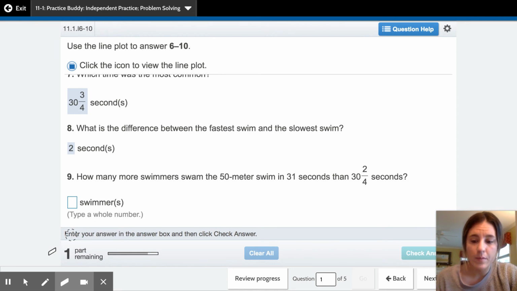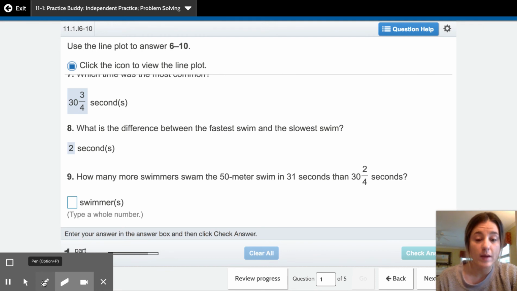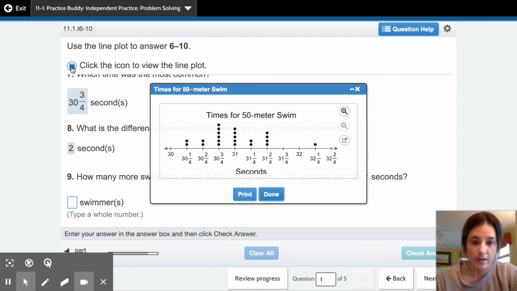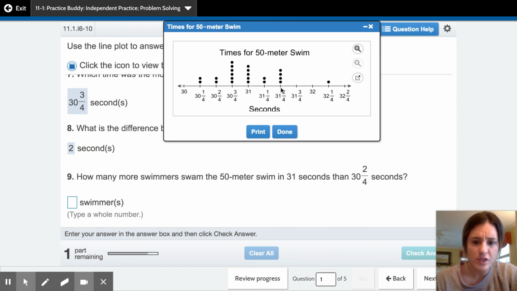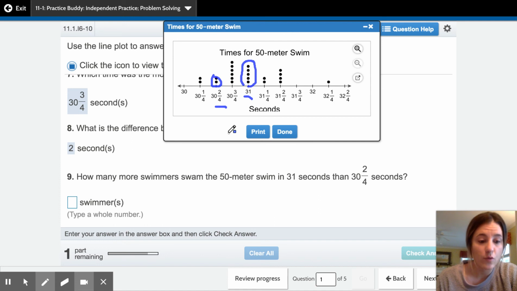Okay. How many more swimmers swam the 50-meter swim in 31 seconds than in 30 and 2/4 of a second? Okay, so I'm going to show you how you can quickly figure this out. So the question is, how many more swimmers swam in 31 seconds than in 30 and 2/4? Okay, 31 seconds has 1, 2, 3, 4, 5 dots. 30 and 2/4 has 4 dots.